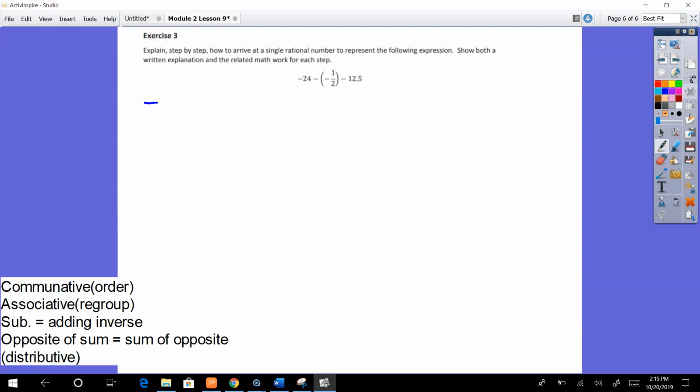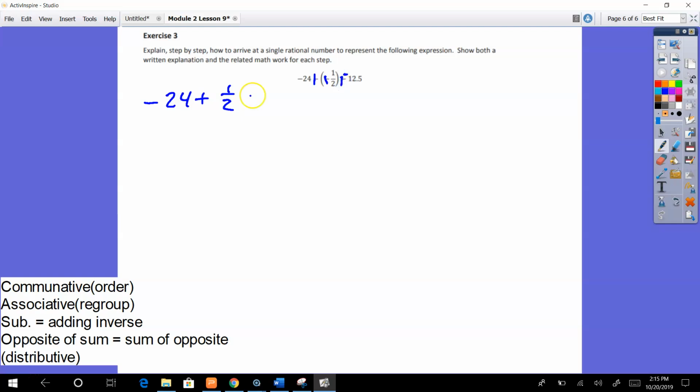Okay, so the way that I did it is I did a negative 24. I saw that we had subtraction twice, so I needed to change it to addition so that I basically could do most things here. So the opposite of a subtraction is addition. Add the opposite, so we're adding a half. The opposite of subtraction is addition.